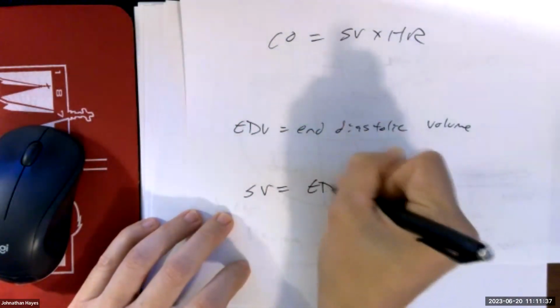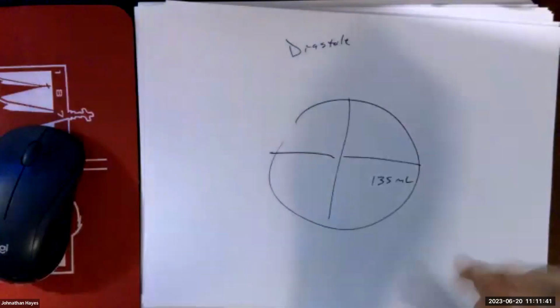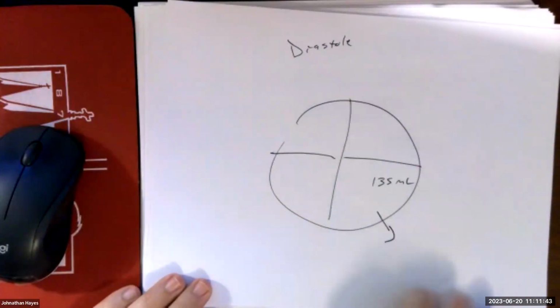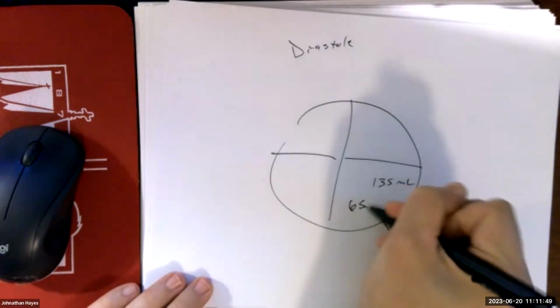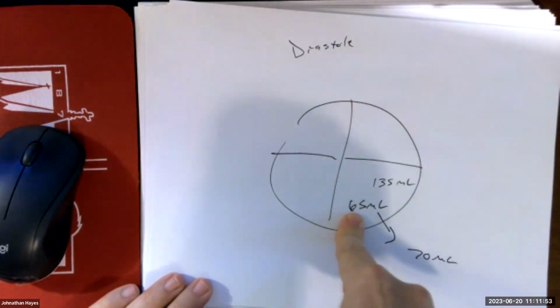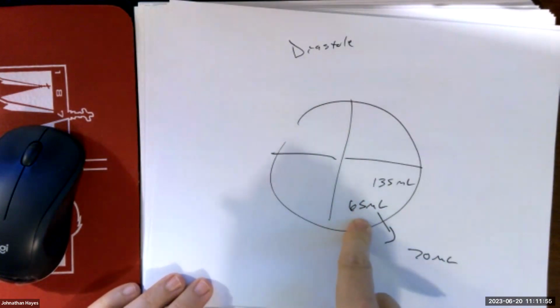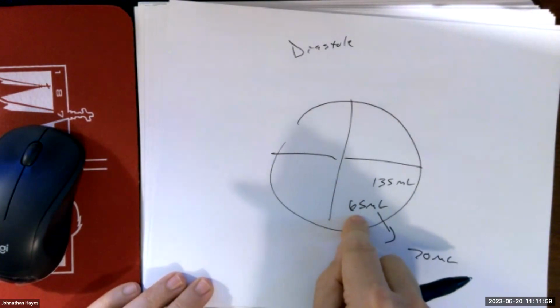And when you're trying to calculate stroke volume equals end diastolic volume minus end systolic volume. So what leaves, right, was 70 milliliters. What was left behind is 65 milliliters. So inside the ventricle, that's the end systolic volume. So after systole took place, how much was left in the left ventricle? 65 milliliters.